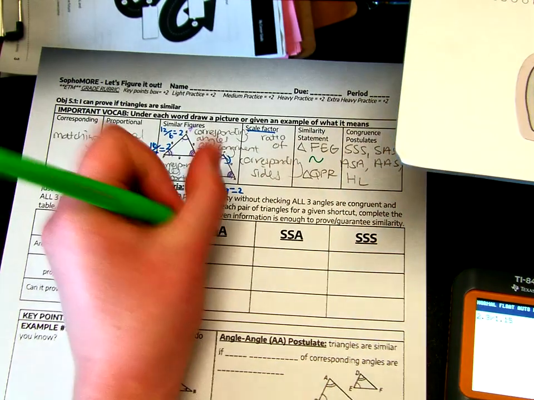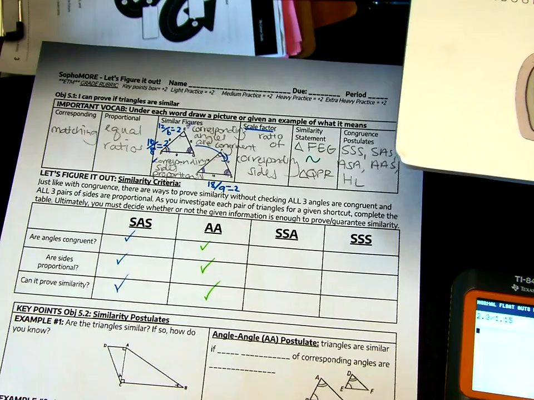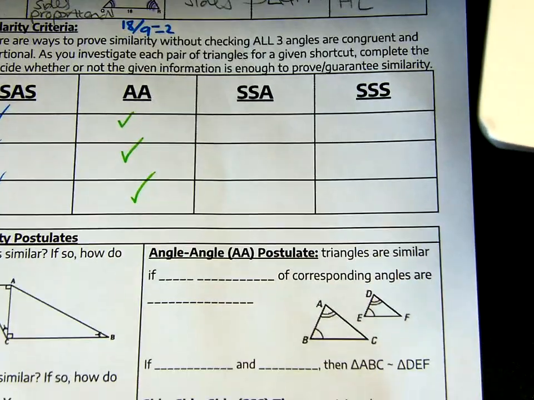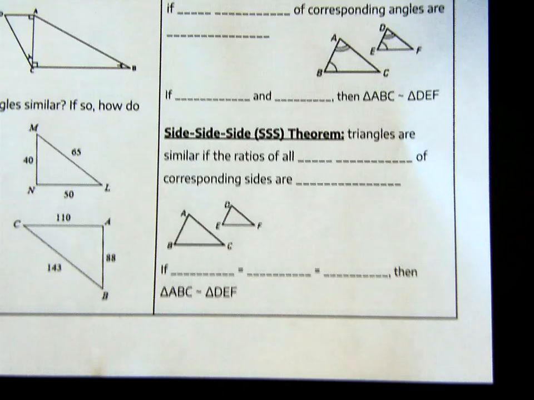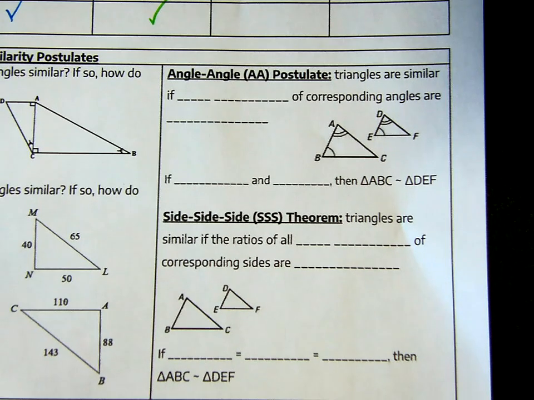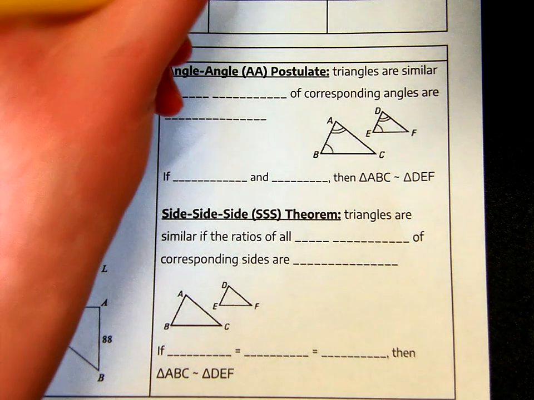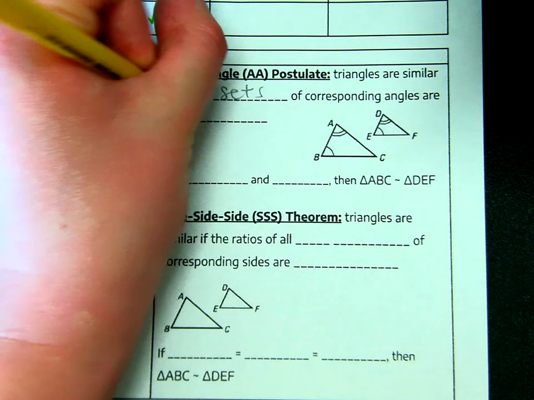So with this one, our angles are congruent, so yes, it's improved similarity. The angle-angle postulate, okay? So basically it says triangles are similar if two sets of corresponding angles are congruent.